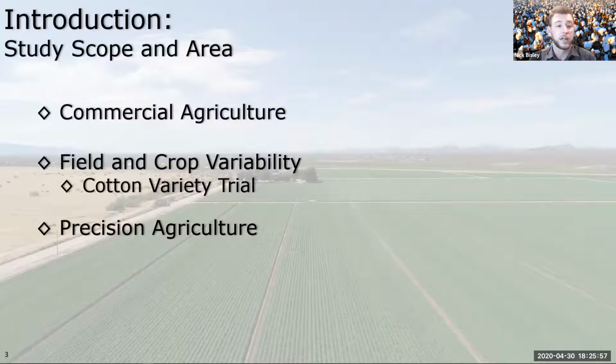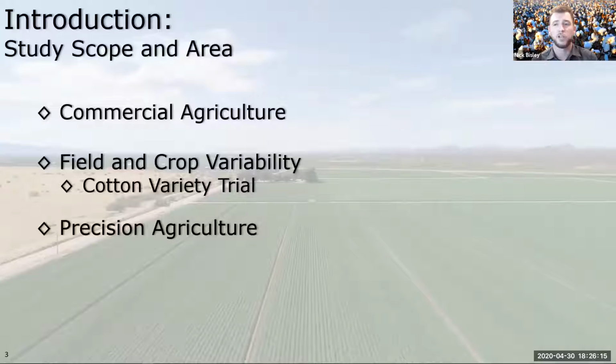And that leads to a lot of variety trials within agriculture. Different varieties perform differently on various soils, and so it's very important to make sure correct varieties are identified and selected and brought to a commercial realm.